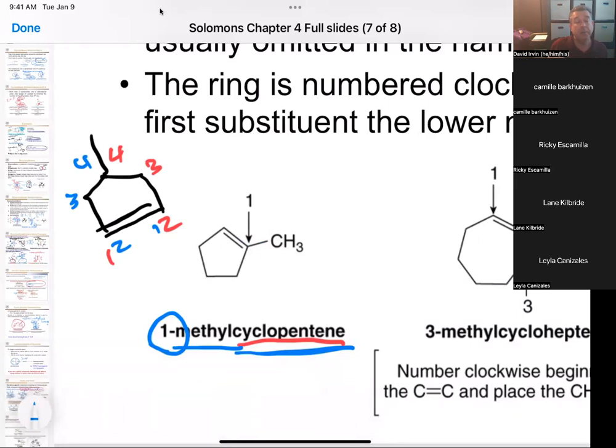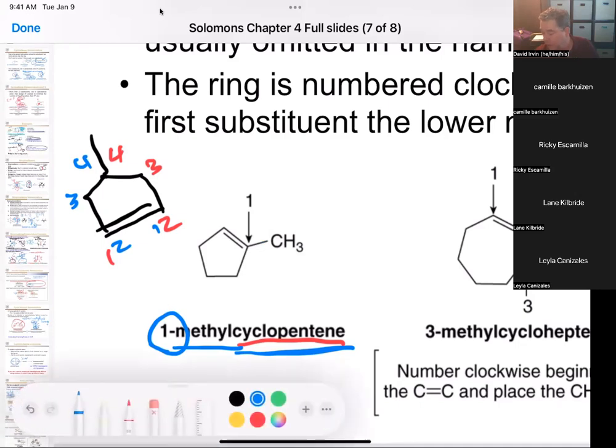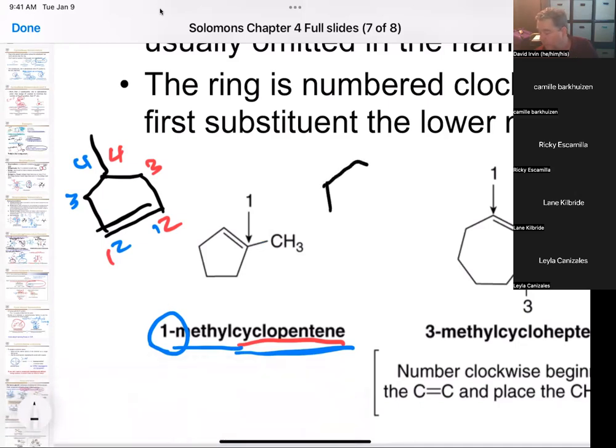No matter which way we numbered it, we had those first 2 alkene carbons as our 1 and 2, which puts our substituent at number 4. Okay. So what if we had something else? What if we changed this compound to and put a methyl group here? Ooh, now we have an enol.